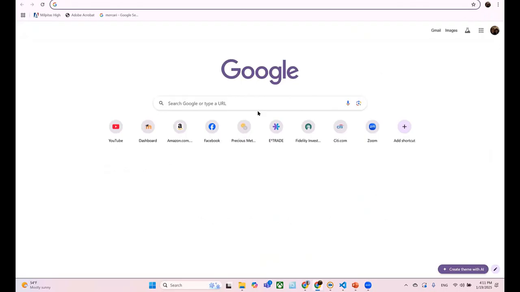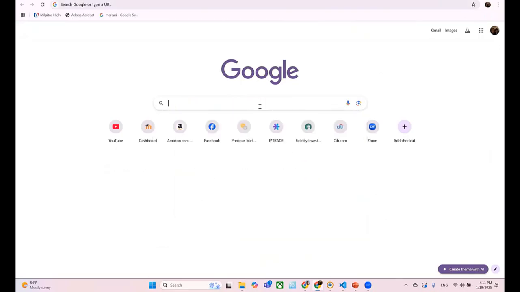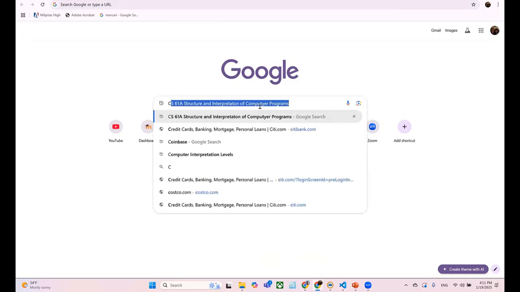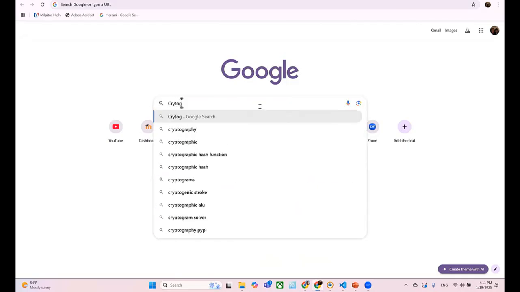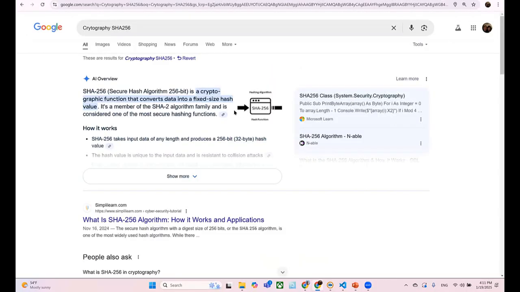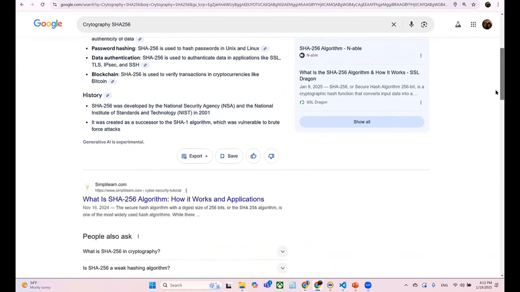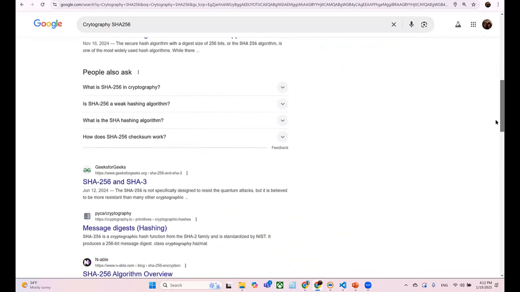But if you do this professionally, this is not professional study. So you just check SHA 256. This one tells you the algorithm for SHA 256.